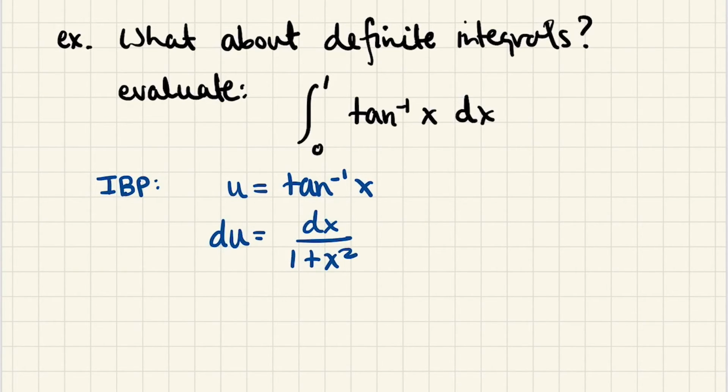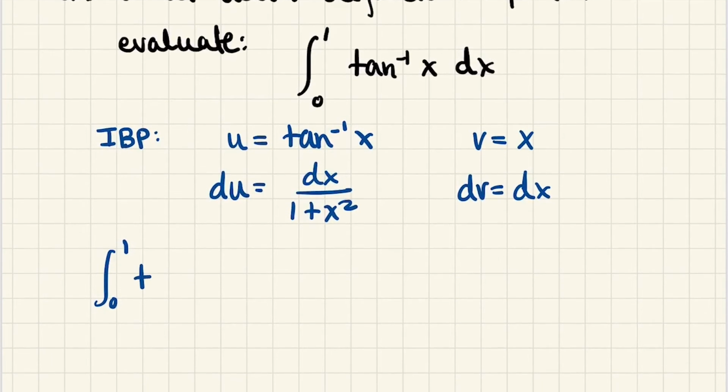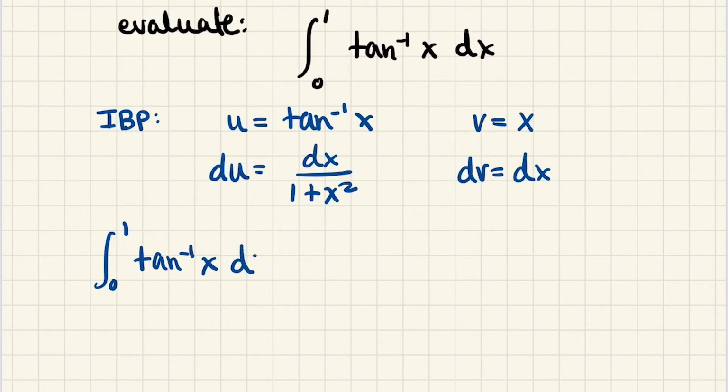So that's 1 over 1 plus x squared dx. dv is everything we did not choose for u, so that's dx. And v will be the antiderivative of that, which is x. So the integral from 0 to 1 of inverse tangent of x dx is equal to, so it is ultraviolet voodoo still. However, there are still bounds of integration on this integral.